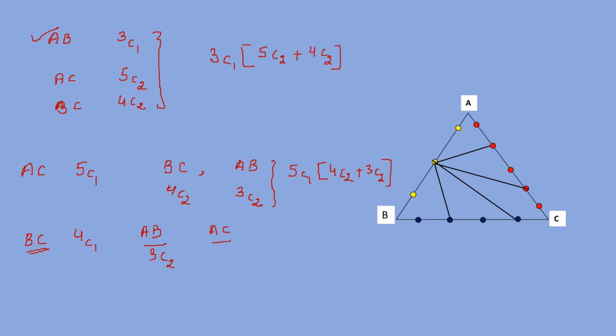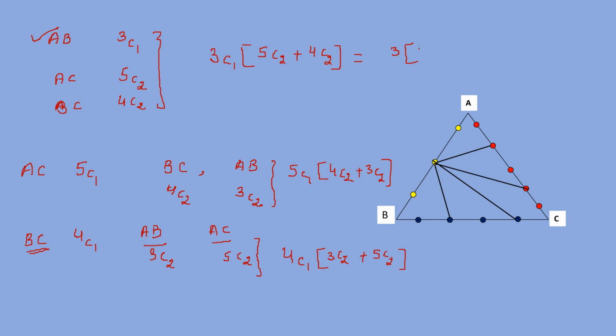And if you choose 2 points from AC, you have 5C2 choices. So in this way, how many triangles can be constructed? 4C1 times 3C2 plus 5C2.